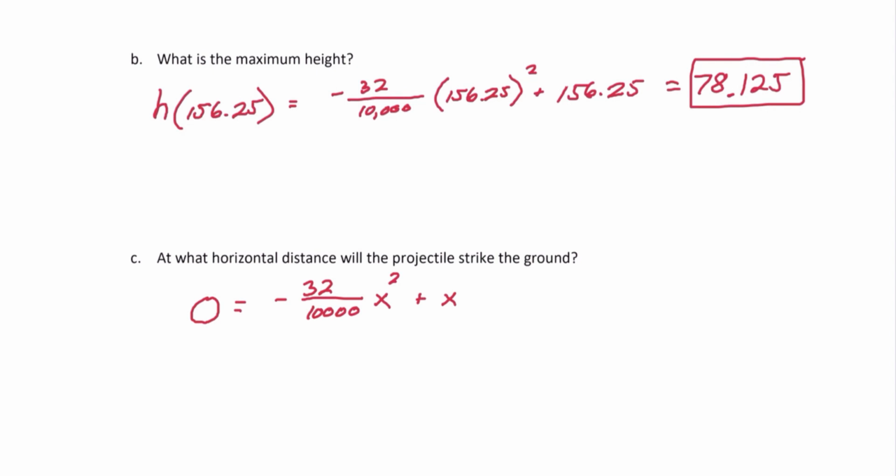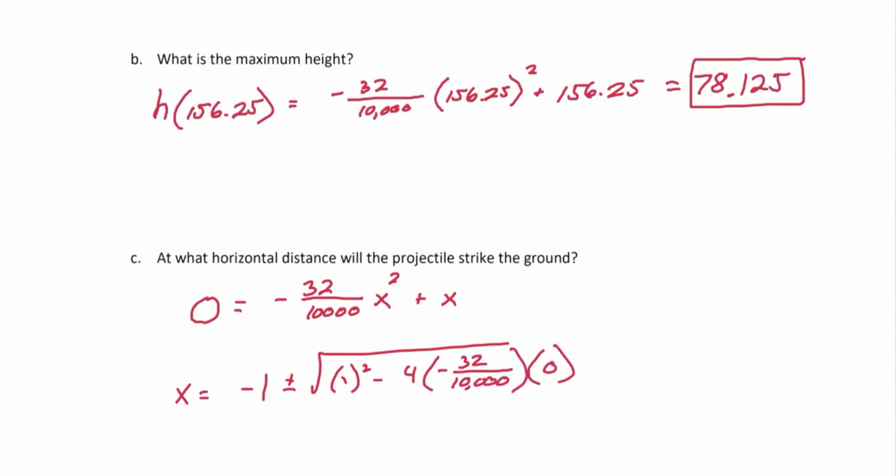Since this is not easily factorable, probably the easiest way is to use the quadratic formula. Negative b plus or minus the square root of b squared minus 4 times a c, all over 2 times a.